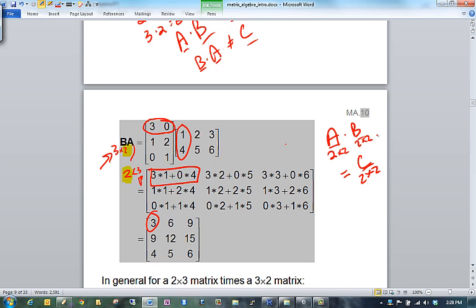Even if I were to take B times A, I would still get a 2 by 2 matrix. Unless these matrices A and B have certain properties, you're not going to get the same result when you do A times B and B times A. Try some examples on your own to actually see that.